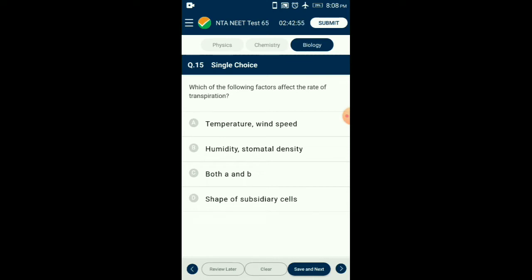Increase in wind speed increases transpiration, but very high wind velocity causes closure of stomata. So the answer for this question is option C, both A and B, that both the factors affect the rate of transpiration.